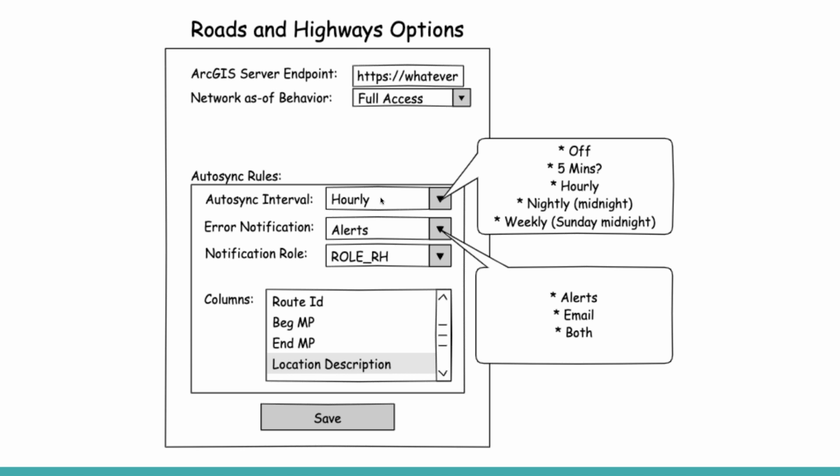So auto sync basically allows you to take a subset or all of your columns that are layers in roads and highways and select some of them or all of them to automatically synchronize. So basically, they don't necessarily have to go through this process. So if there's a location description or something like that, and you're like, I don't care if that changes, whatever.